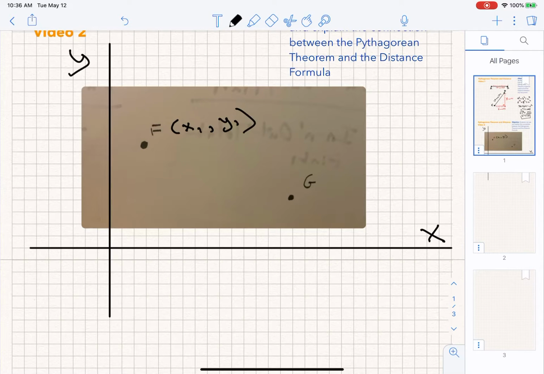But we don't know for sure. We can say, though, it's at a certain amount over x, a certain amount up y. Same thing here. We'll call G the second point, and this is at some x, we'll call that x2, and some y, y2.